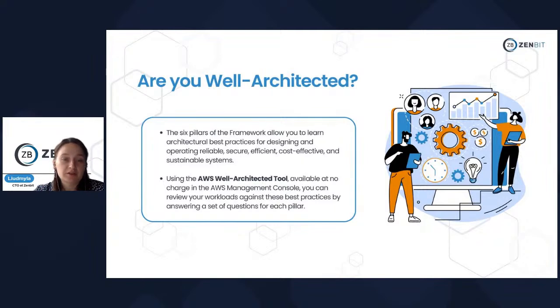The six pillars of the framework allow you to learn architectural best practices for designing and operating reliable, secure, efficient, cost-effective, and sustainable systems. By using the AWS Well-Architected Tool, available at no charge in the AWS Management Console, you can review your workload against best practices by answering a set of questions for each pillar.